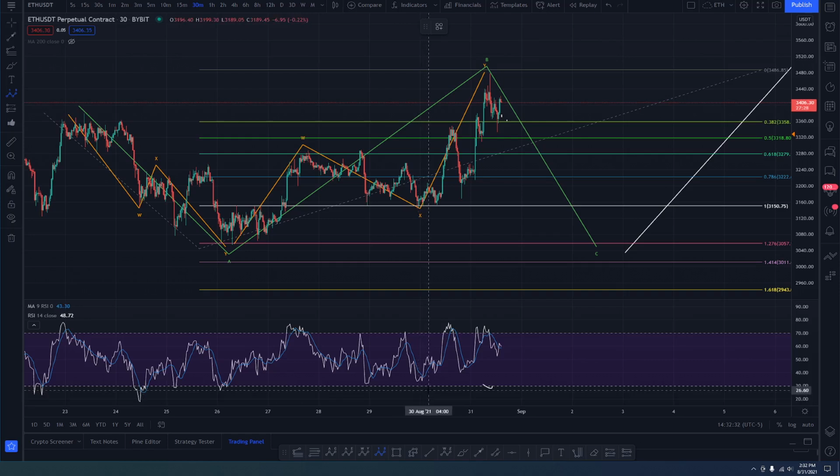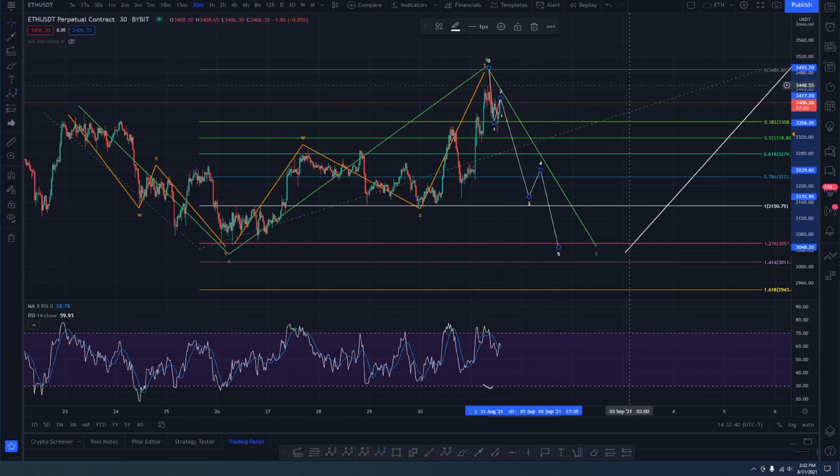There's never an exception for that. So if it's an ABC, then you're looking for 1, 2, 3, 4, 5. So that flat, then I'm counting that at least as an idea that that's the 2 wave of this whole thing, and now we're getting ready to get a big impulse down that may be really deep. That'd be nice. Yeah.